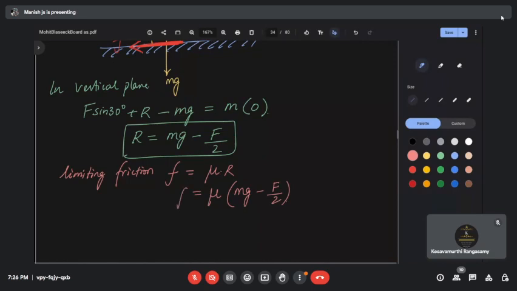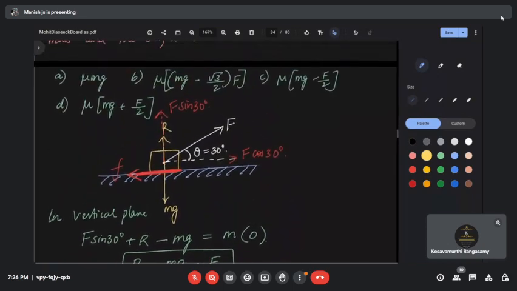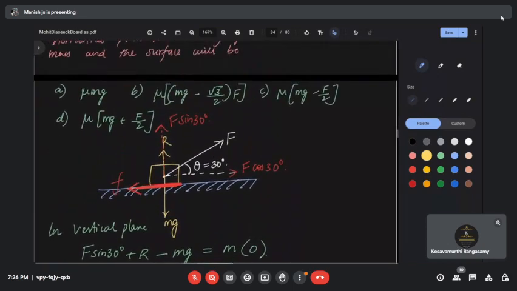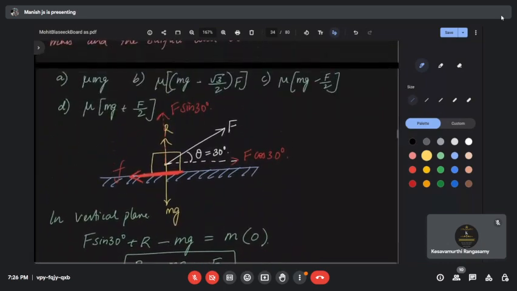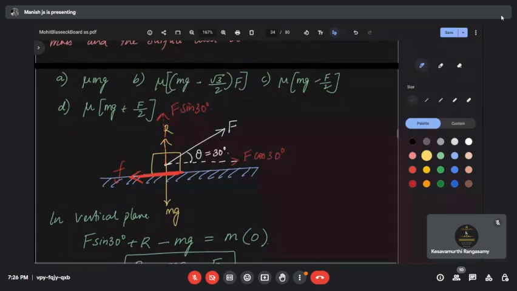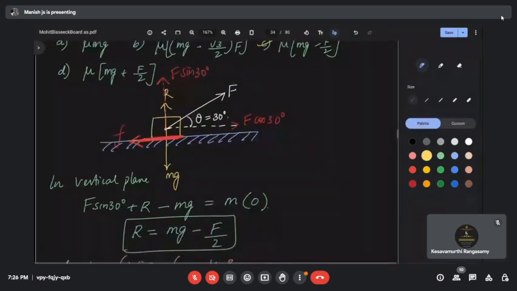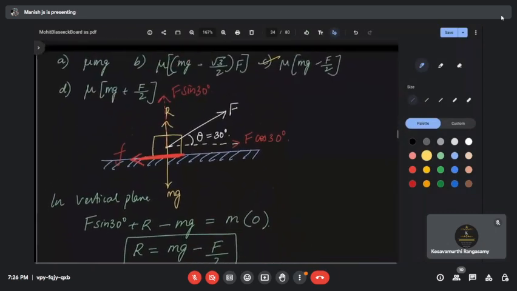That is the force of friction. So which is the option? Based on the answer we got, mu times mg minus F by 2, option C is the correct answer. This is how we solve it step by step.